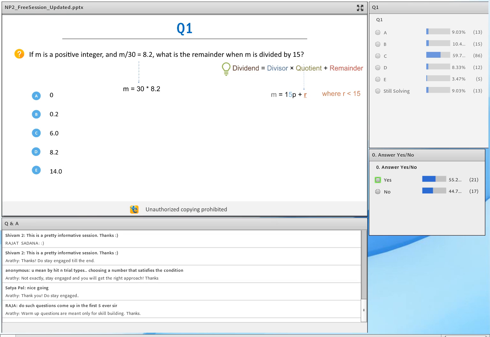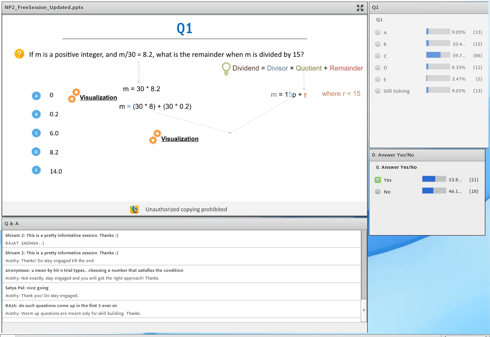Okay. What's given to us is that m is equal to 30 times 8.2, which means you split 8.2 as 8 plus 0.2. So you say m is 30 times 8 plus 30 times 0.2. Okay, that's what we call visualization, or you're putting in the distributive property of addition.